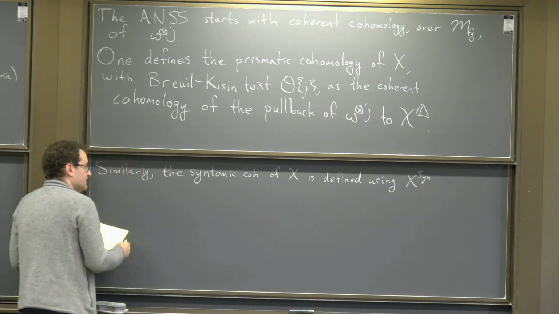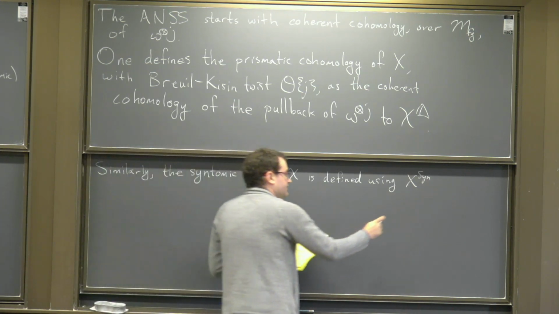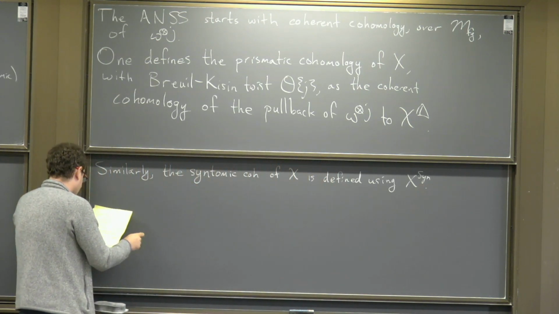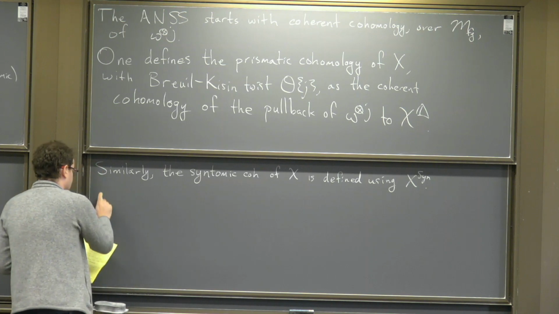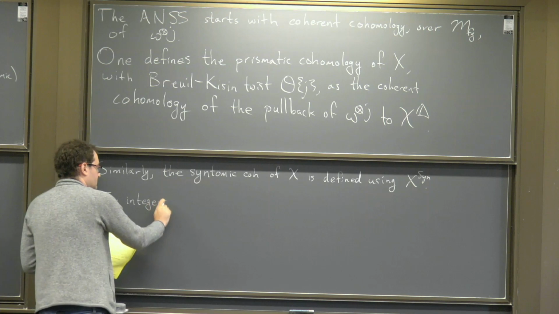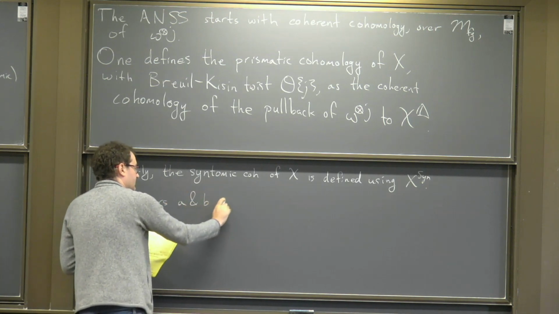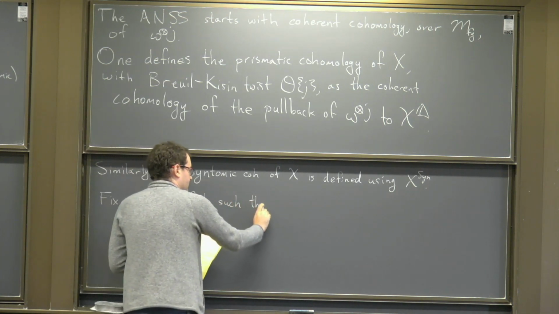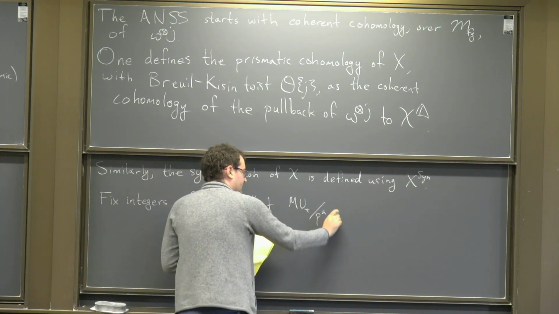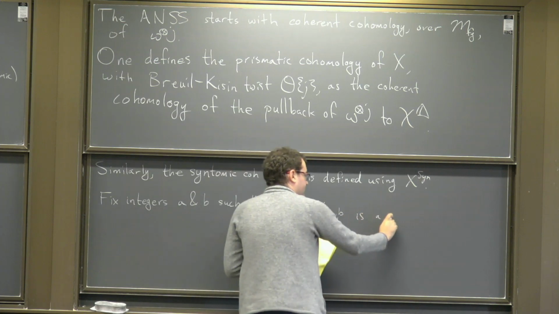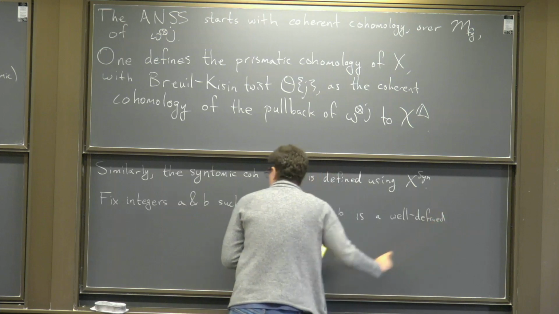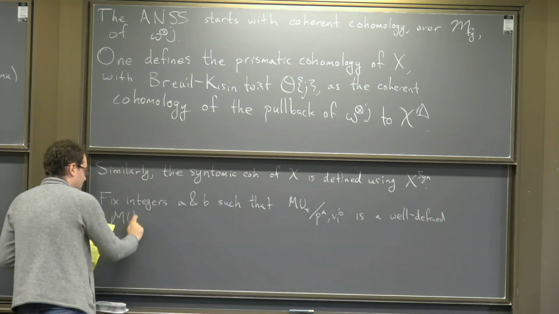All right, so understanding things in this way makes it clear that you can make the following construction. So let's fix integers a and b such that MU-star mod p to the a, v1 to the b is a well-defined MU-star MU-comodule.